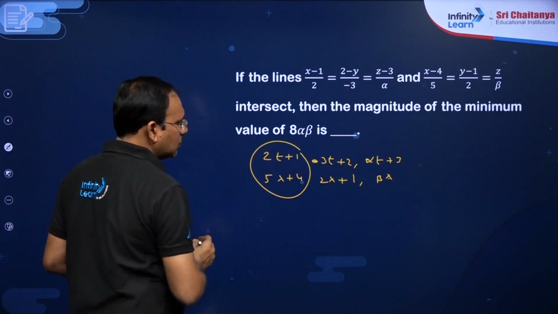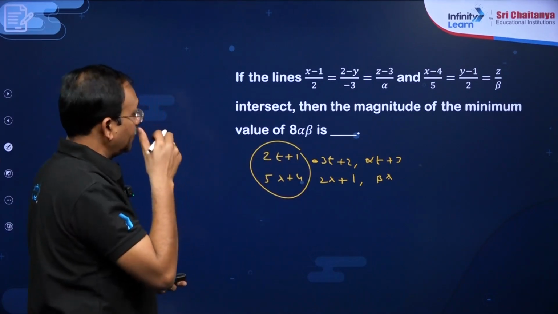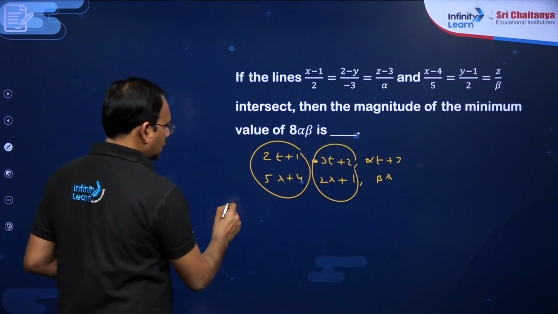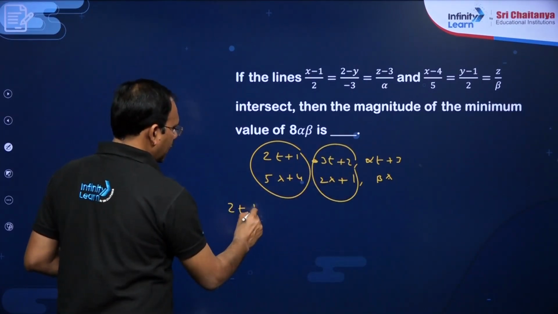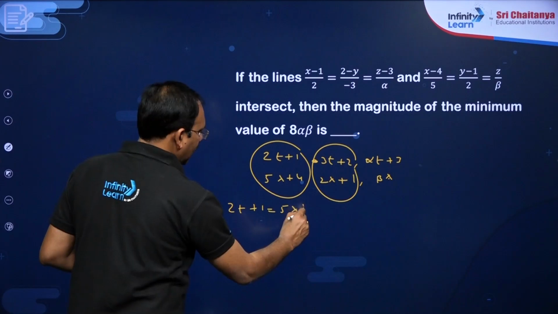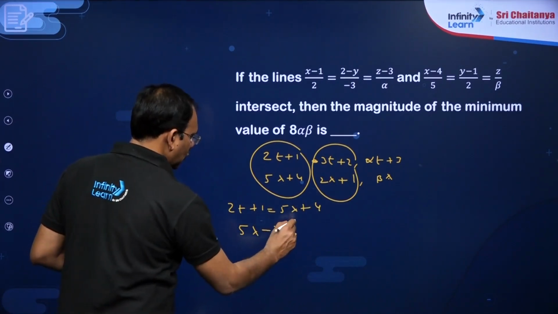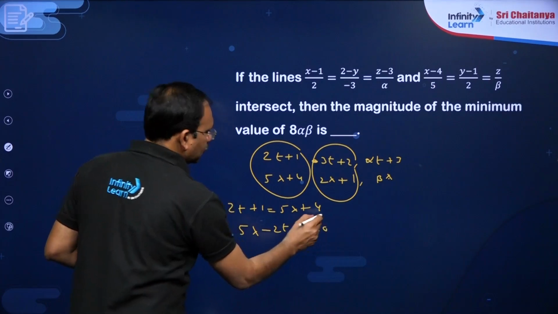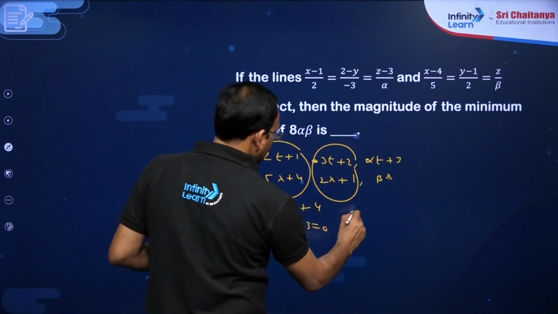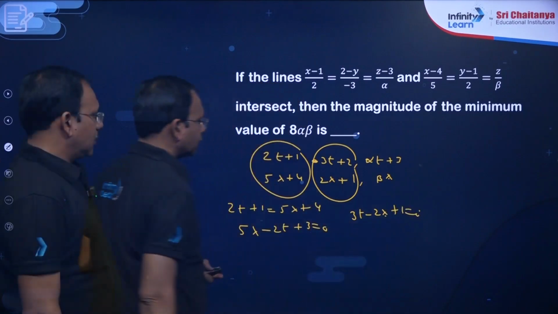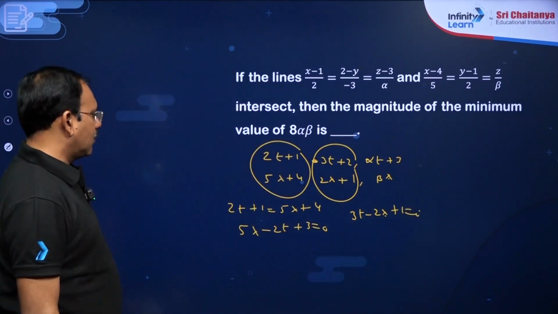If you equate these two, dear students, you can solve these two equations, my dear friends. 2t plus 1 is equal to 5 lambda plus 4. So 5 lambda minus 2t plus 3 equal to 0. Here 3t minus 2 lambda plus 1 equal to 0. So from these two you need to solve, dear students.